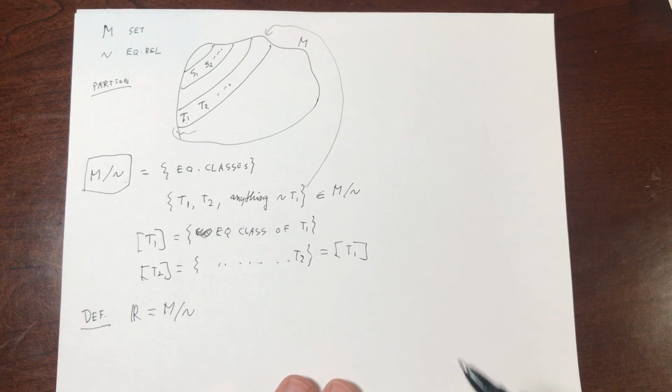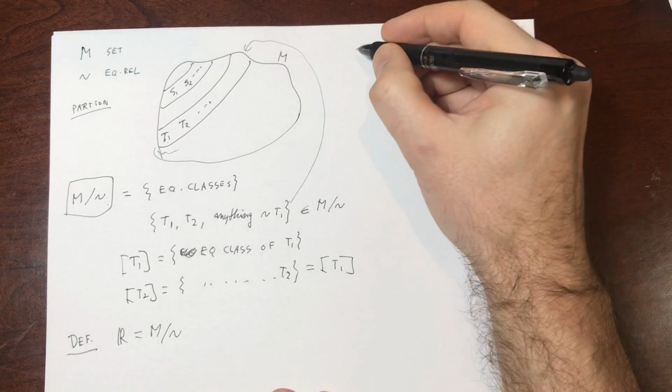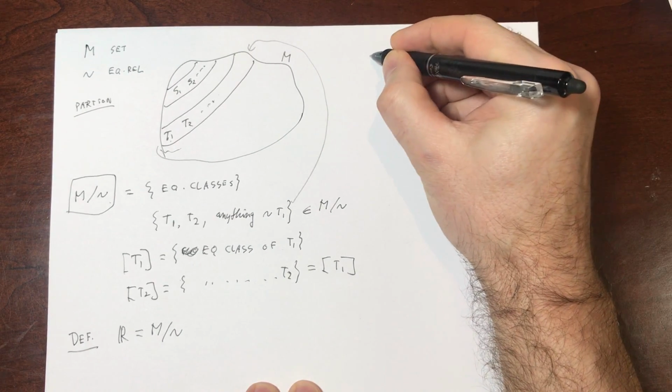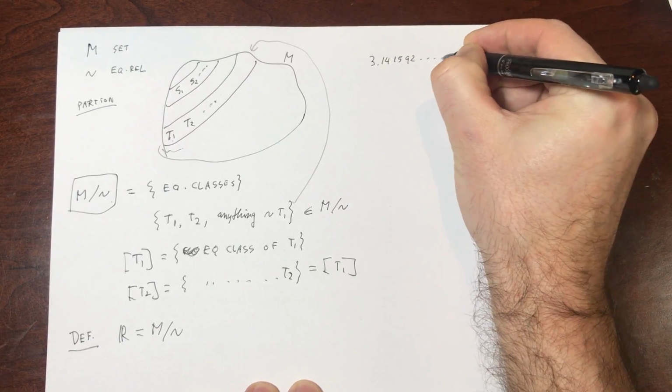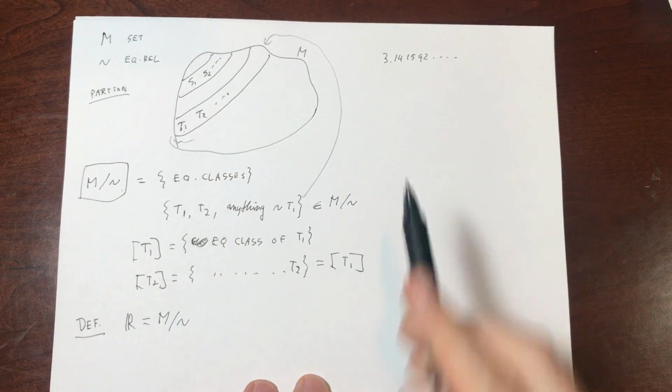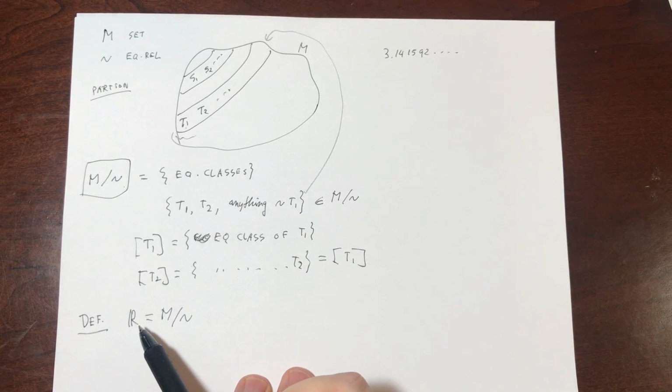Now let's look at an example. Let's say I write the following number, 3.141592, etc. Now you might wonder, wait, how is that an element of R?